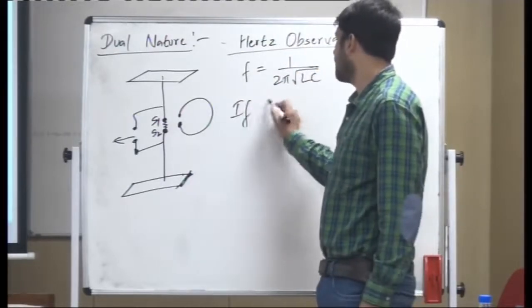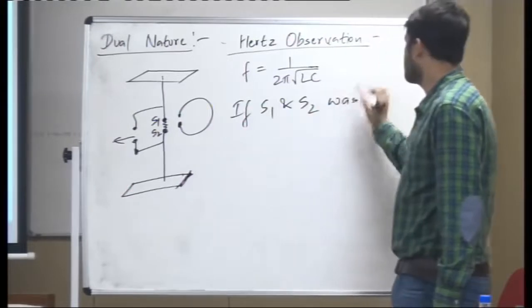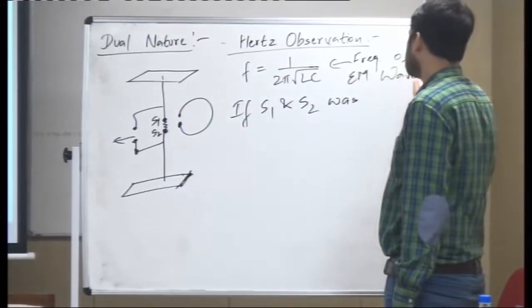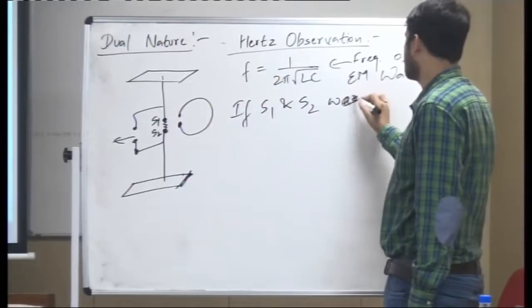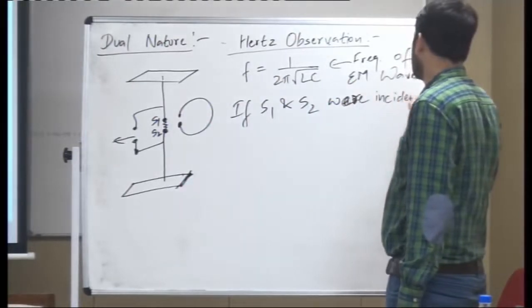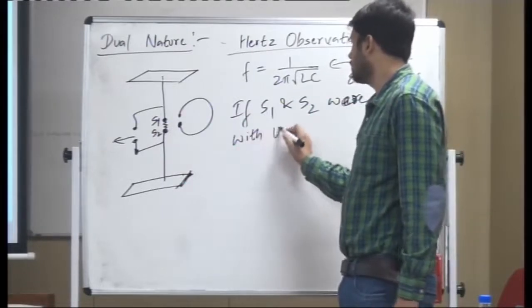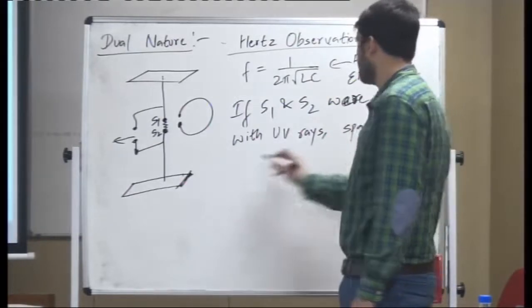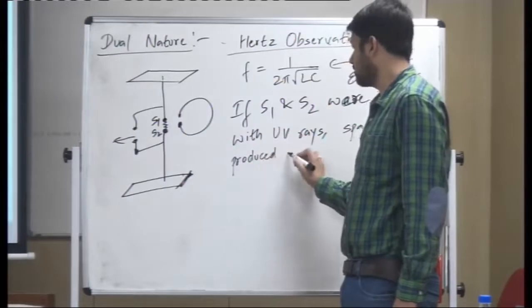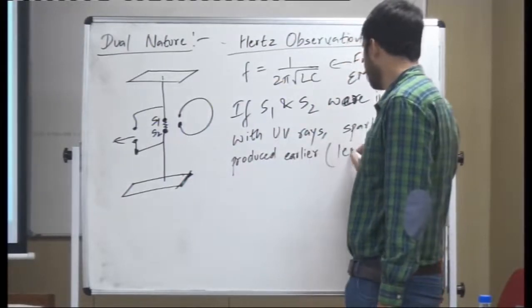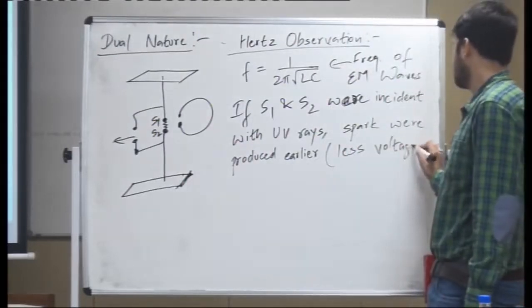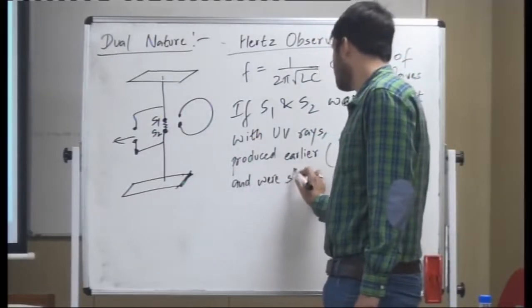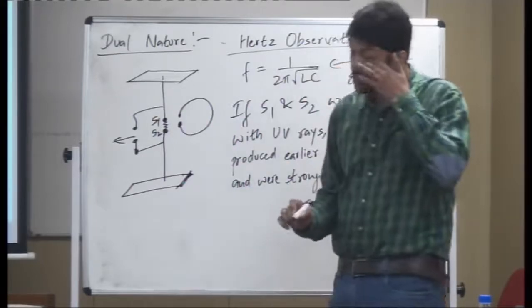So if S1 and S2 were incident with UV rays, sparks were produced earlier, which means actually at lesser voltage, and were stronger.